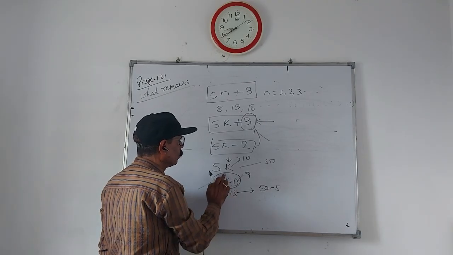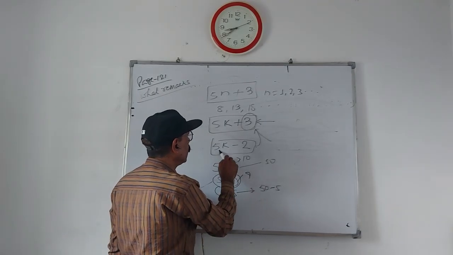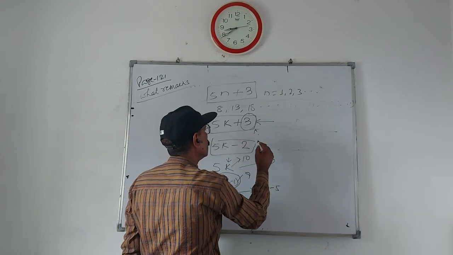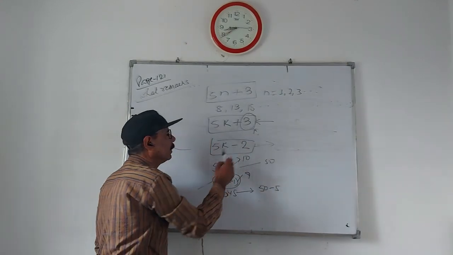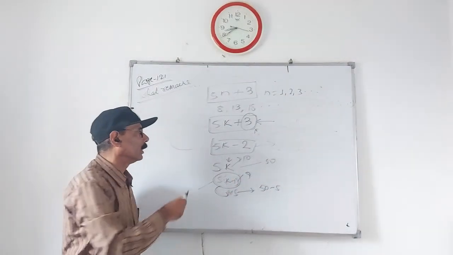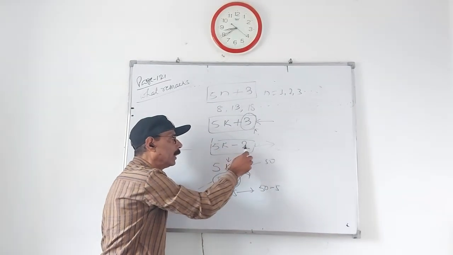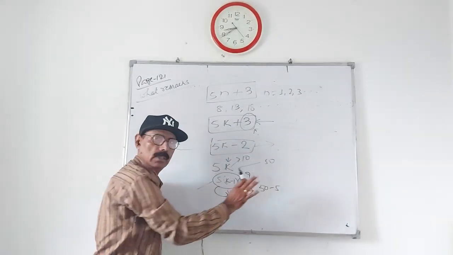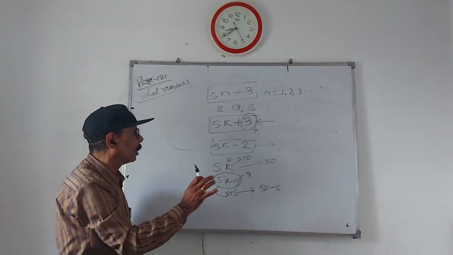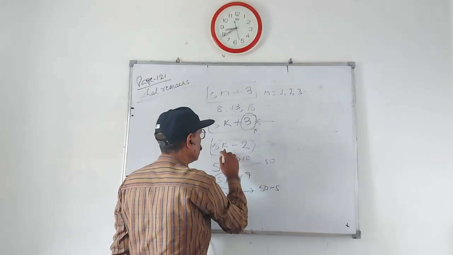5k minus 1. Okay, 5k minus 2, here is the number, no? Okay, 5k minus 2: here 50, this here left 45 and minus 2. 1 and 5 are in different places, understood?